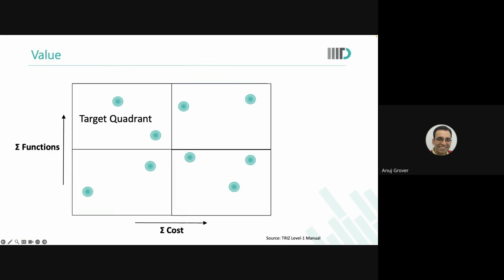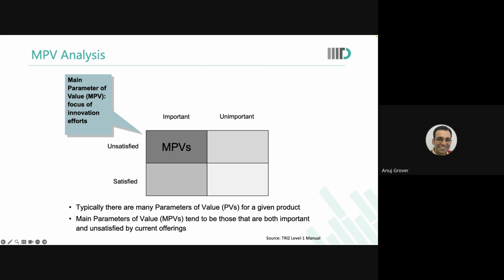But what were the axes of that particular chart? Important and satisfaction. So a need which the user considers important and it is unsatisfied is a main parameter of value.